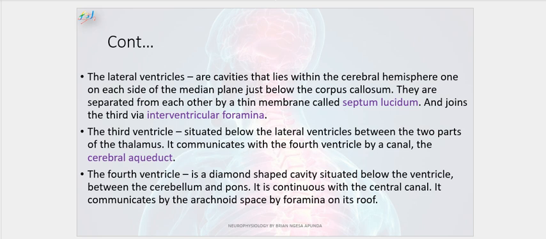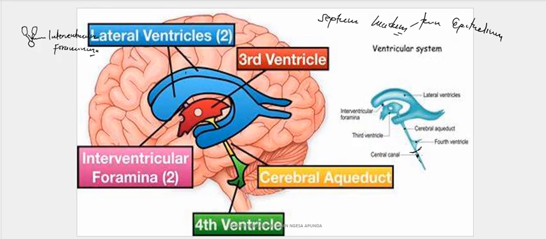So I think this is what we've said. We having the lateral, we having the third ventricle, and of course the fourth ventricle.